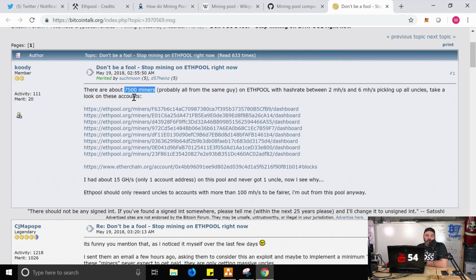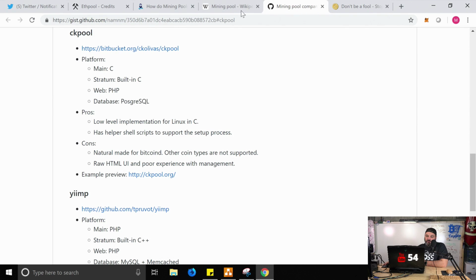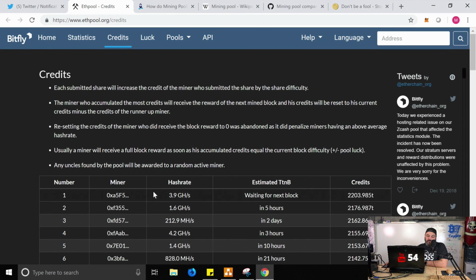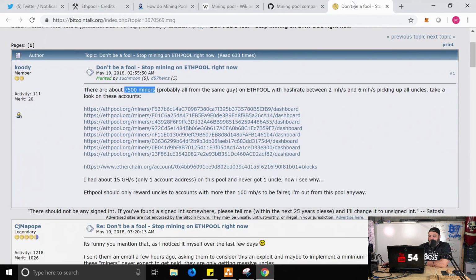If there's 14,000 miners out there, and the pool's business rules, this is where I'm coming back down to the pool's business rules, you could have somebody game this system where they have a high chance to win the uncle. So essentially you could be mining with 2 mega hash and win 1.4 ETH every time an uncle shows up on that pool.